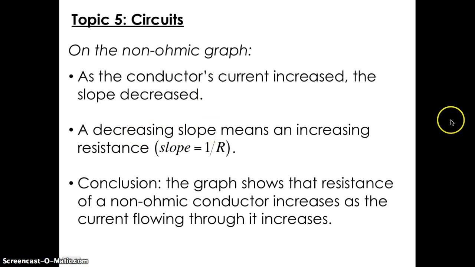But a decreasing slope means we have an increasing resistance, since they're inversely proportional. The conclusion that we can draw from the graph is that the resistance of a non-ohmic conductor increases as the current through it increases. So if you send more current through a non-ohmic conductor, its resistance increases.